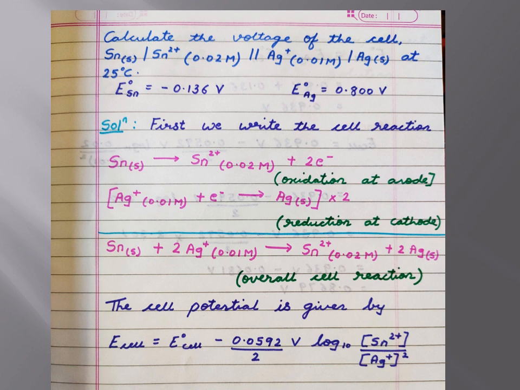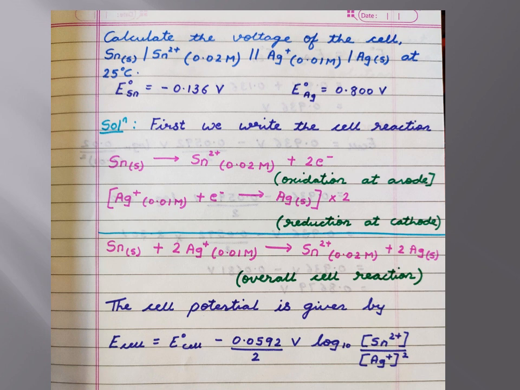Whereas at the cathode there is a reduction taking place. Reduction is gain of electrons. But my dear students, you can see that this reduction reaction at the cathode is multiplied by 2. Why is it so? Because tin has 2 electrons that are being lost, so we have to multiply it by 2, so that the electrons balance to 2.